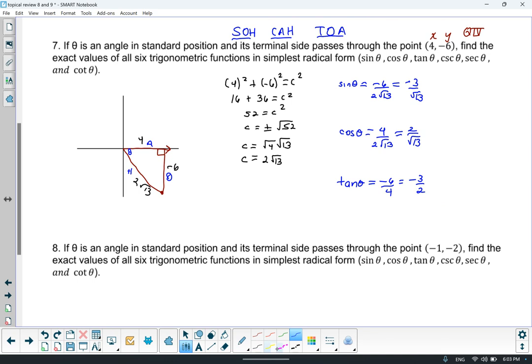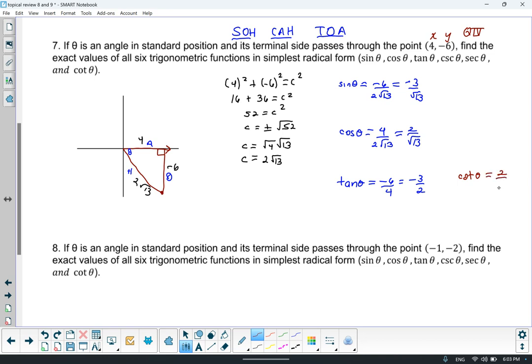So now I want to find the reciprocals. So the reciprocal to tangent is cotangent. So it is adjacent over opposite, 4 over -6, which simplifies to 2 over -3. But if you know tan is -3/2, you can just flip this over.